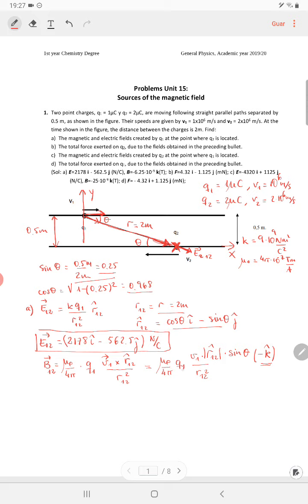So the rest is just a matter of multiplying, because we have everything. Remember that this is 1. If you multiply all of them, you end up showing that this is minus 6.25 times 10 to the minus 9 K, Tesla.